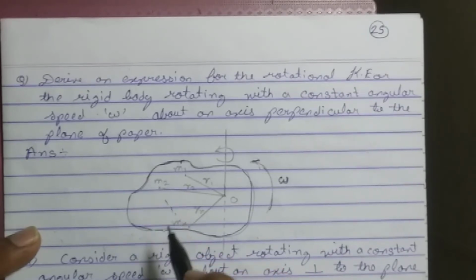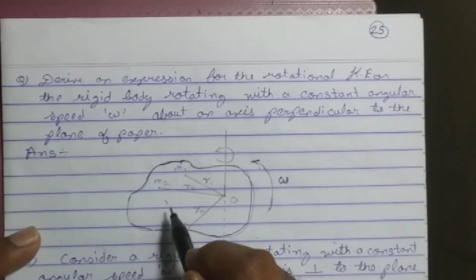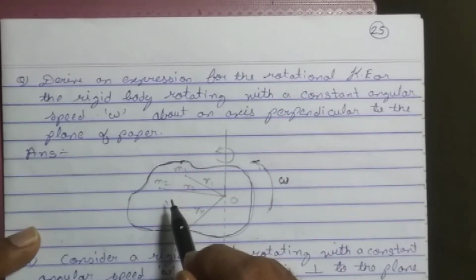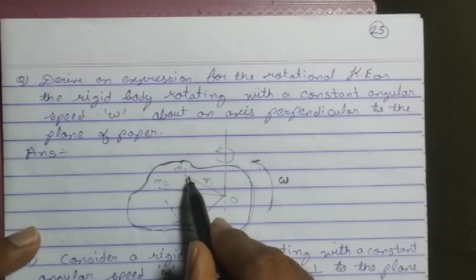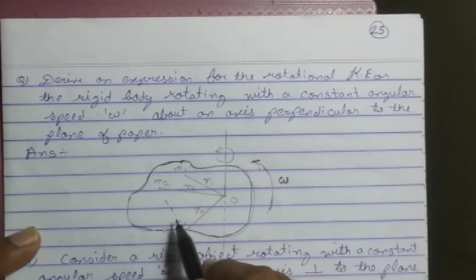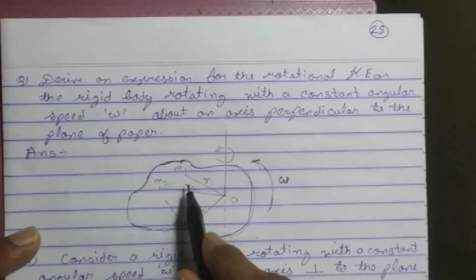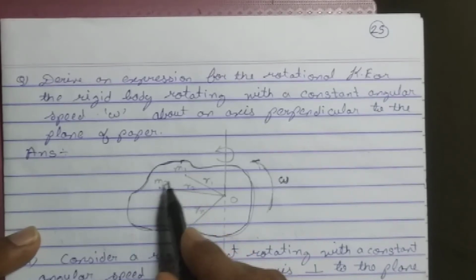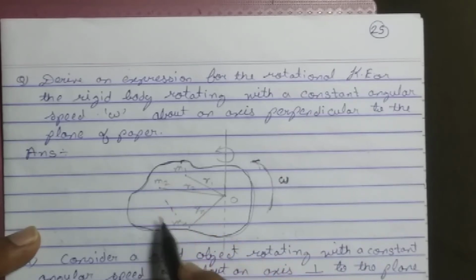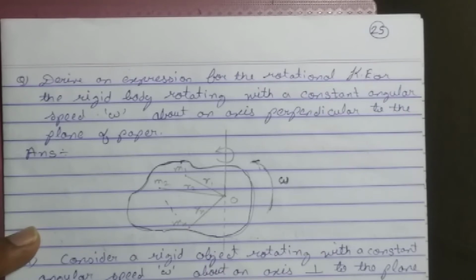Similarly for m2 also. So to find the total rotational kinetic energy of the rigid body, we will find the kinetic energy of individual particles, and then adding all the kinetic energies of the particles will give us the rotational kinetic energy of the rigid body.